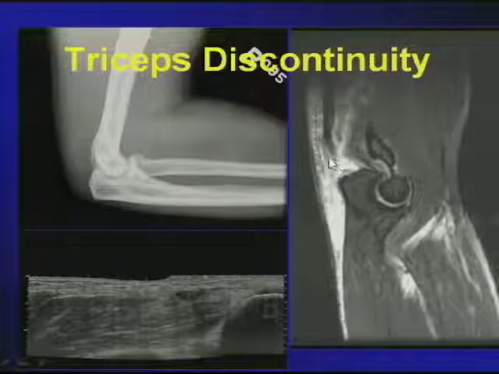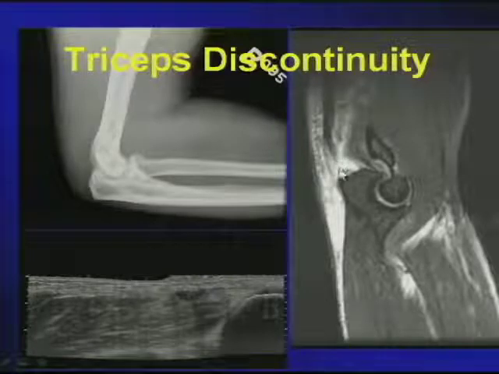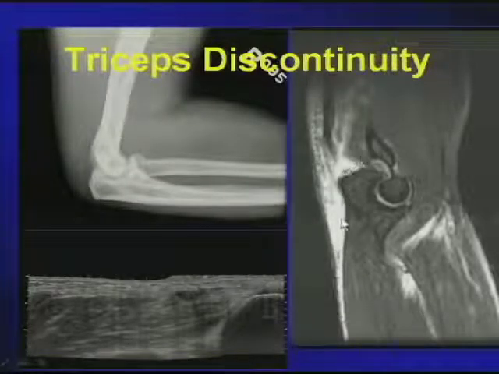Here you could appreciate the stump of the triceps tendon, the hematoma, the same transecting hypoechoic cleft that we appreciated on ultrasound, and of course the hemobursitis that runs distally into the proximal portion of the ulna.